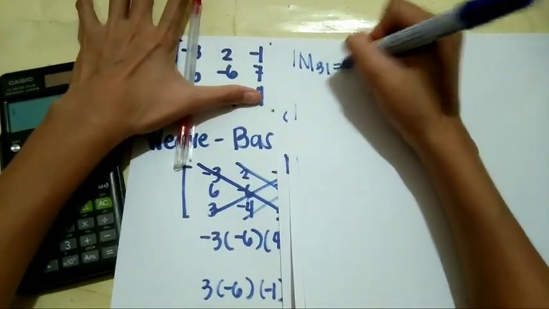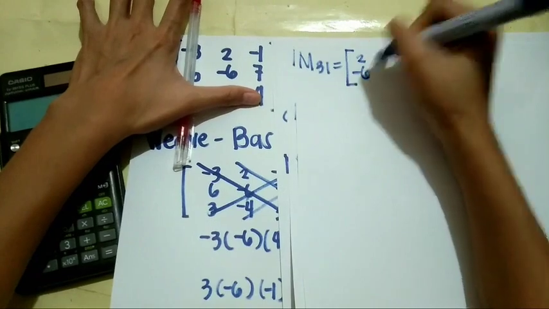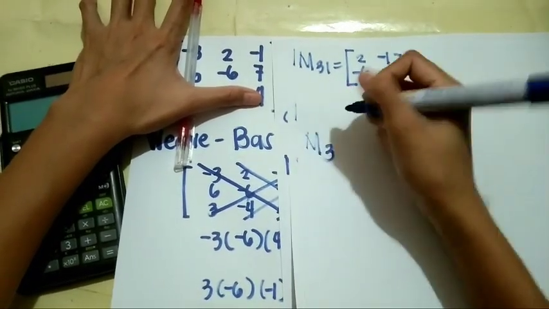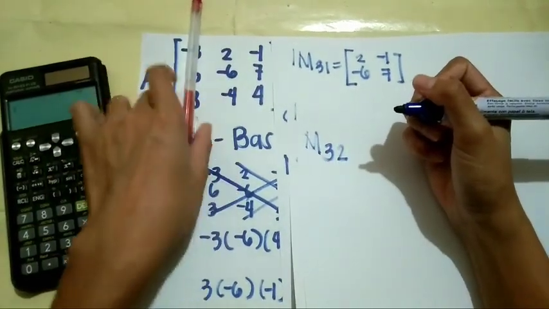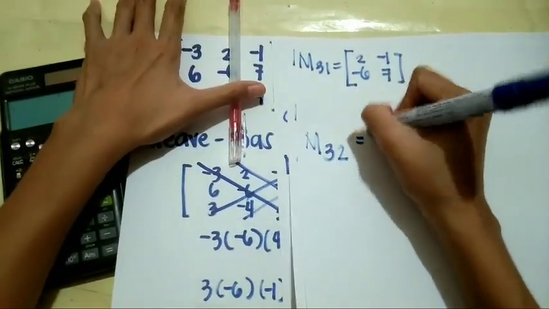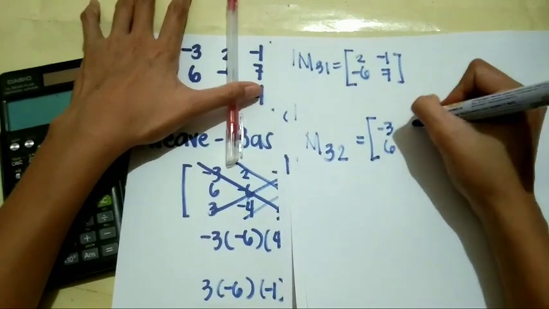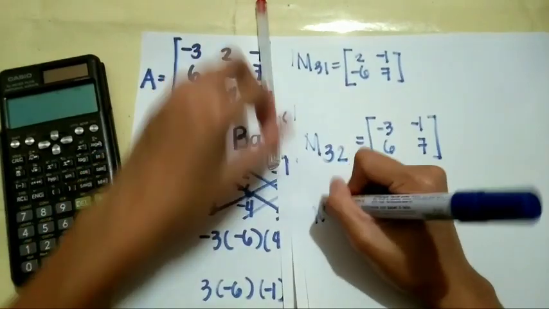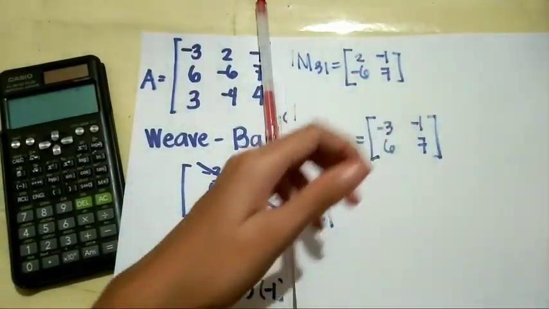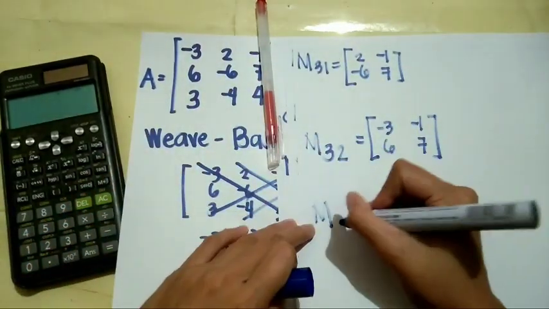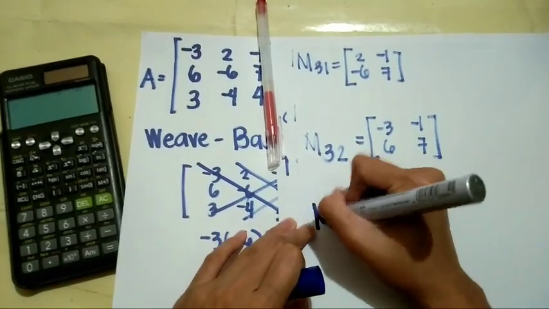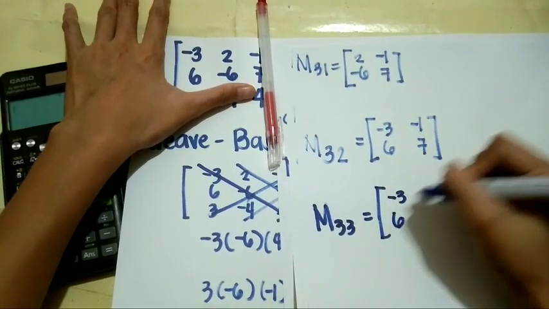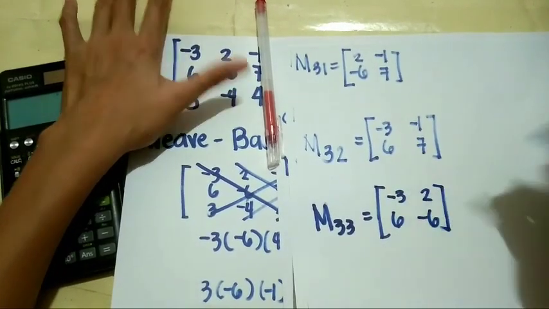Cover that one, and we have the result of 2, negative 6, negative 1, 7. Next, we have M32. Cover that one, then the result is negative 3, 6, negative 1, 7. And lastly, M33, we'll have negative 3, 6, 2, negative 6.